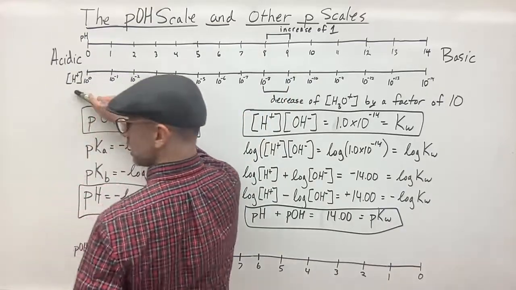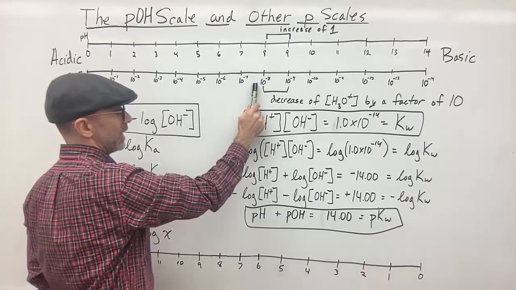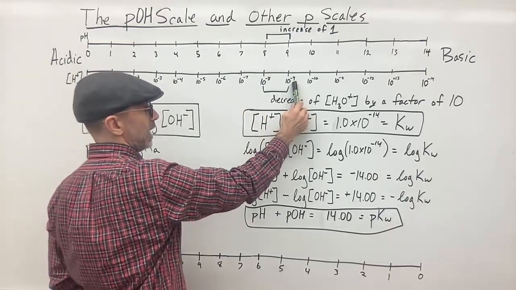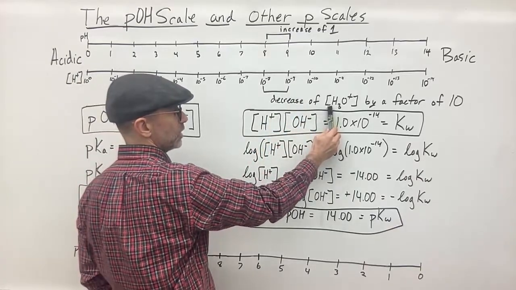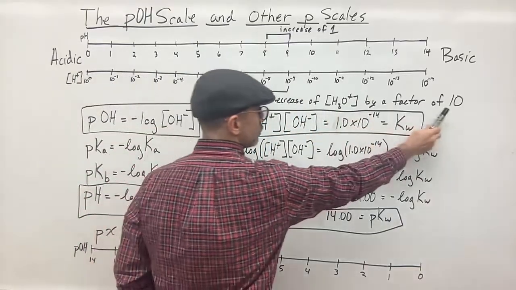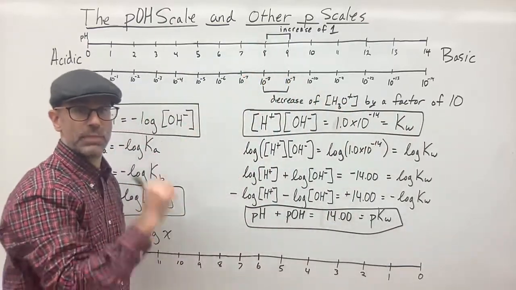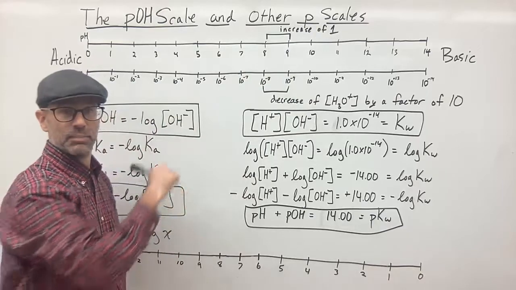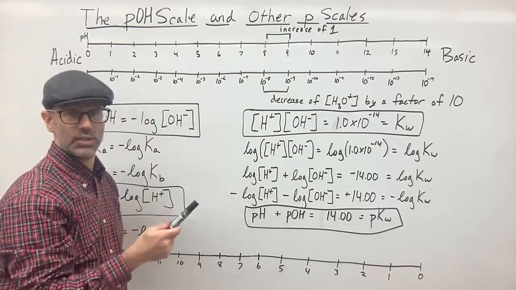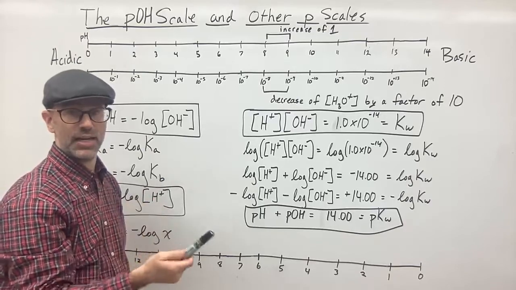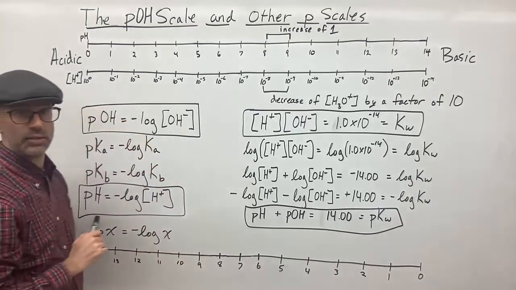My H plus concentration is going from 10 to the negative 8 to 10 to the negative 9. And that is a decrease in the concentration of H3O plus by a factor of 10. So anytime you increase or decrease by 1 on the pH scale, you're actually increasing or decreasing by a factor of 10 in your concentration of H plus.